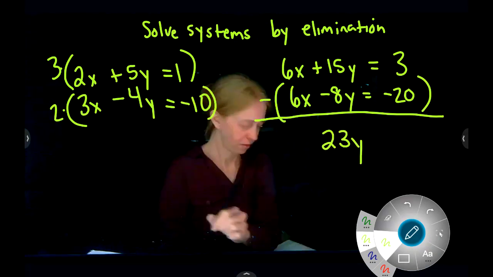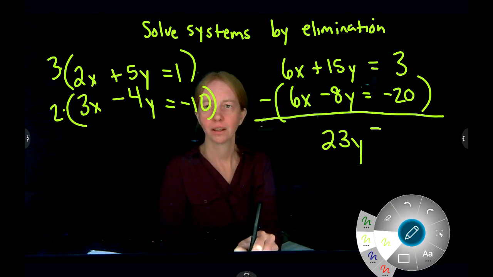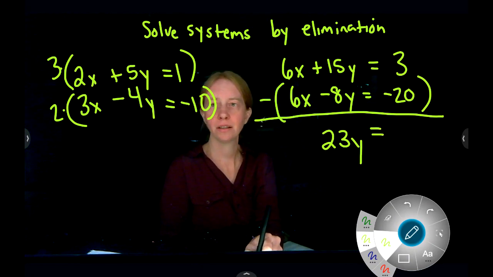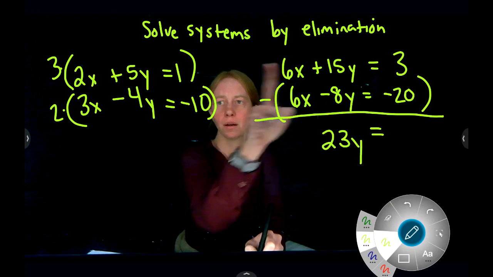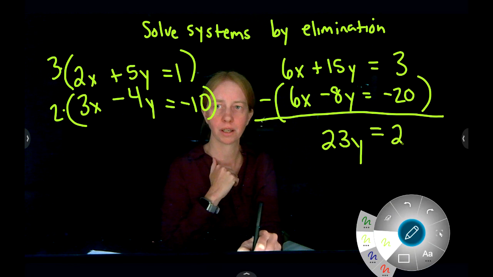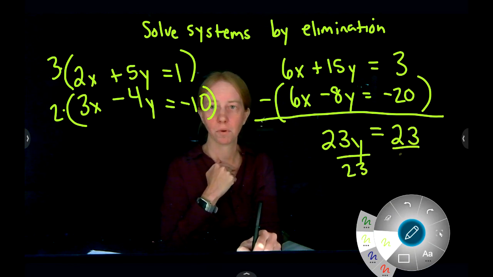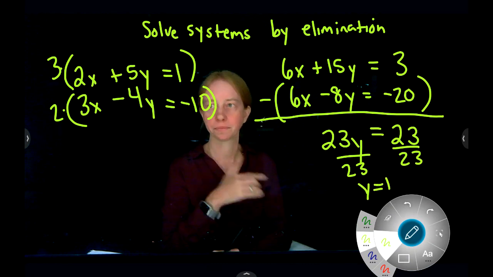Does that sound right? I feel like I should double check before, yeah, 23y. Okay, equals, we have +3, minus a -20, so that's +20, so we have 23. Oh, well, this one's weird. It's fine. It equals 1. So dividing by 23, we get y equals 1.